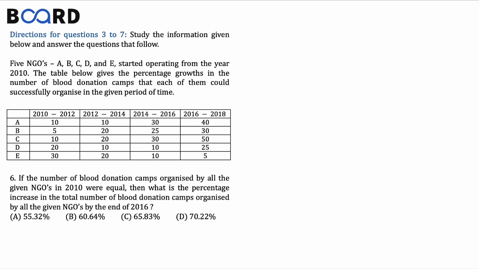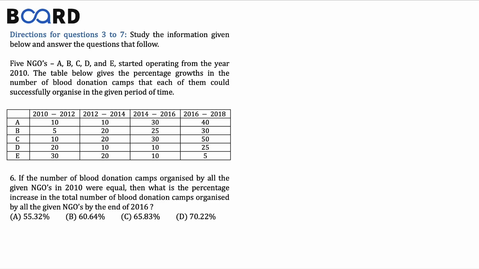Oh my God. This is definitely calculation intensive, because what they're asking is you consider every NGO to have a particular value, equal value in 2010. Let's say we consider that value to be 1000.